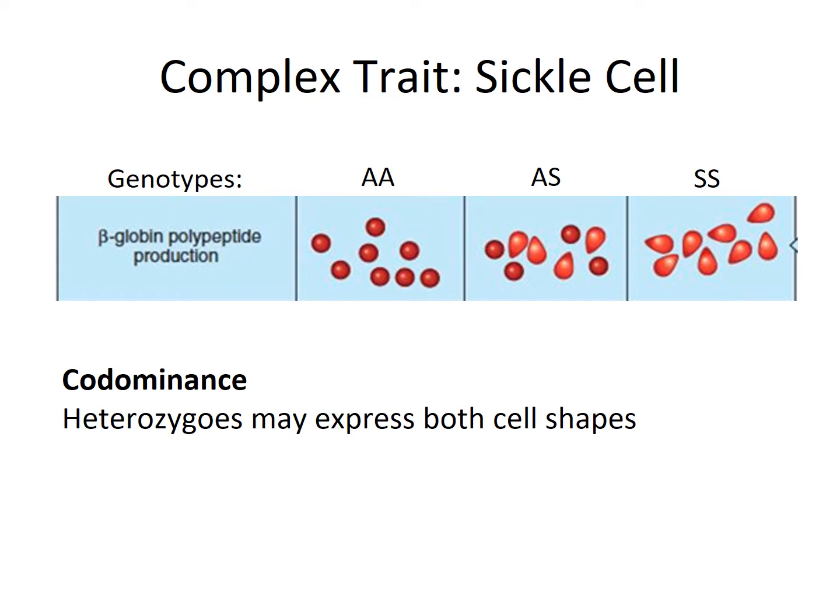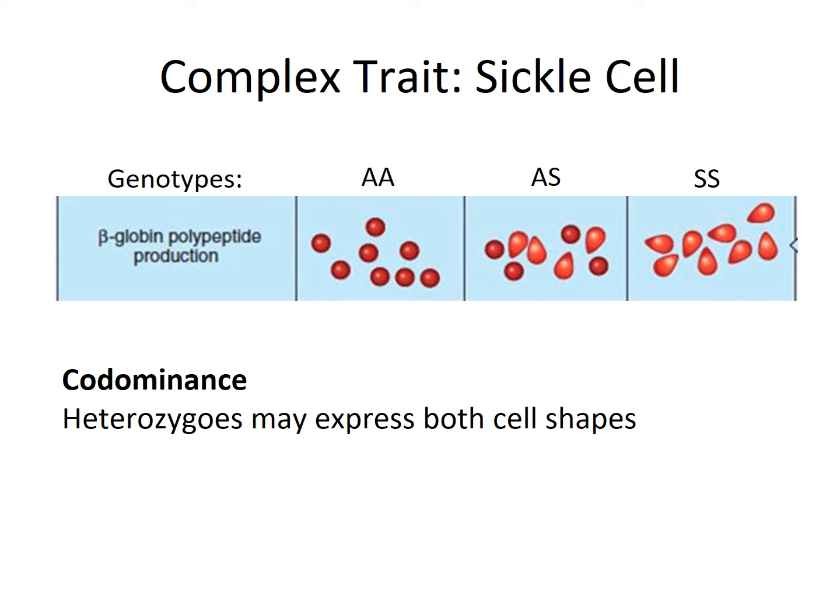And you'll notice in the cartoon image of the red blood cells, a homozygous individual with only ancestral alleles has all normal shaped round red blood cells. The heterozygote is in the middle. This person has sickle cell trait, and they have both versions of the red blood cells, the round, healthier version and also the sickled red blood cell.